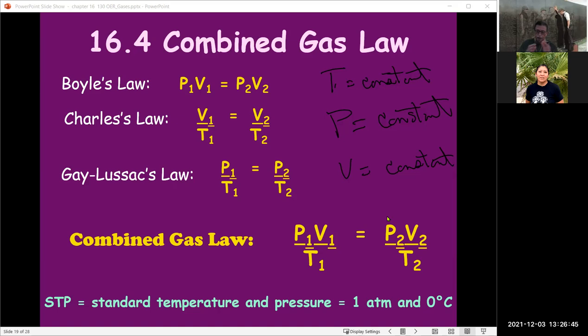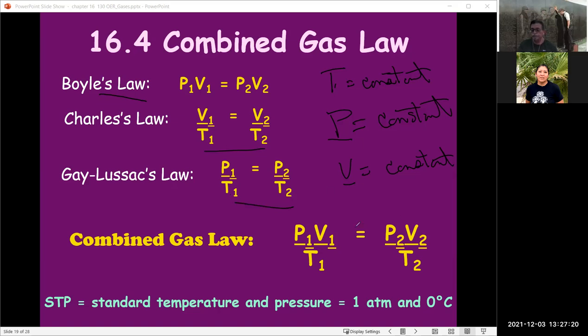And so when you have a word problem asking you to calculate your pressure and volume, and there's no mention of temperature, okay? Because temperature is held constant, you just utilize Boyle's Law. When they tell you pressure is held constant, you use Charles' Law. And when volume is constant, you use the third law, okay?